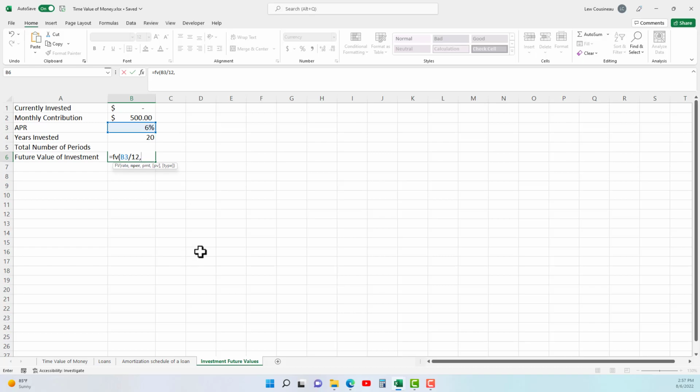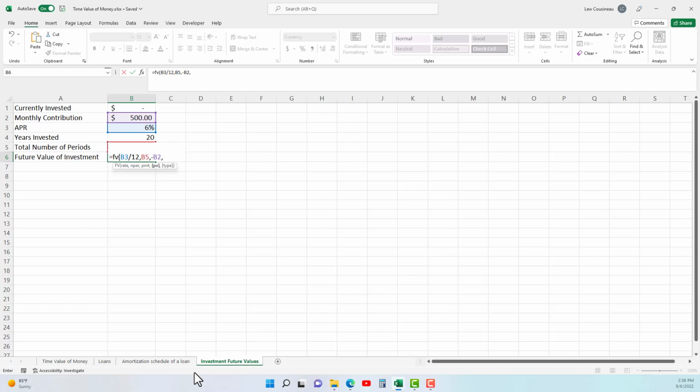How many periods are we going for? Well, I did put that here. So that's in B5. I'll just type it because I can't click on it. And what is our payment? Remember, even though it's our money that we're investing, it is a negative $500 is our payment because it's leaving our pocket to go to whoever we're investing. And finally, what is the present value? Nothing. We don't have any money, right?